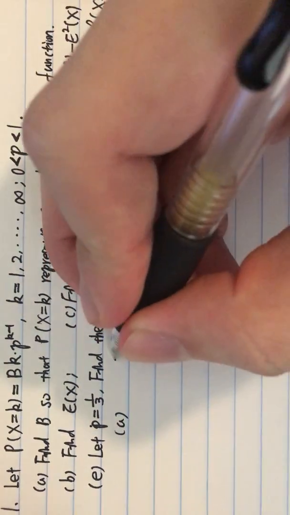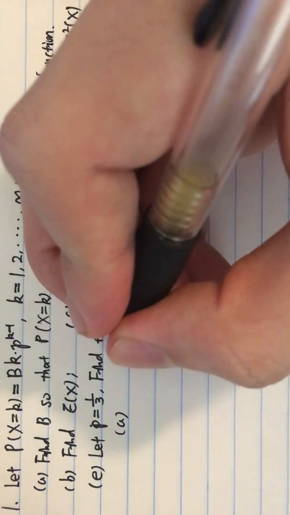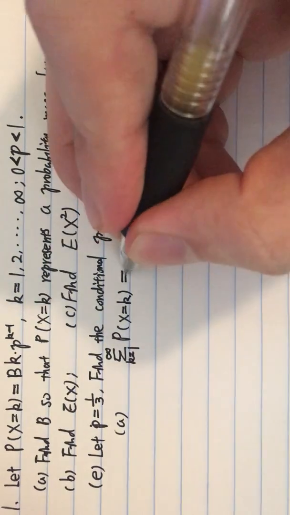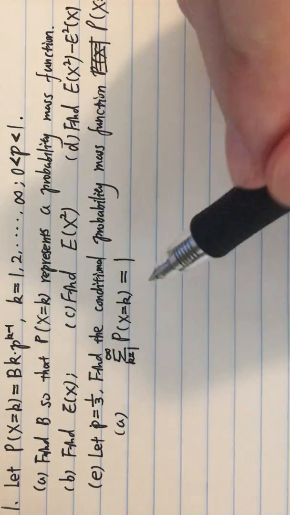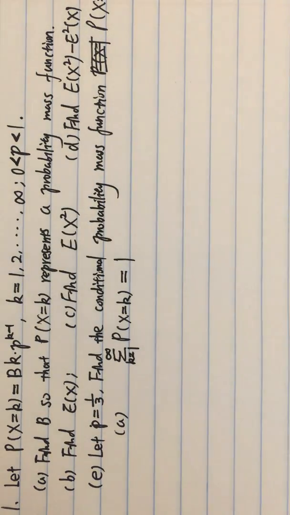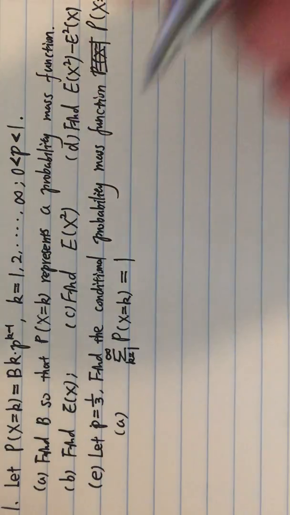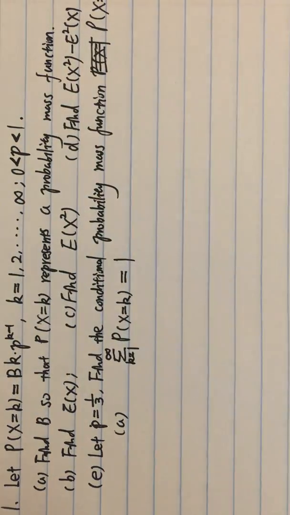So the sum from k equals 1 to infinity of b times k times p to the power k minus 1 should be 1, right? So we need to figure out what this sum is.